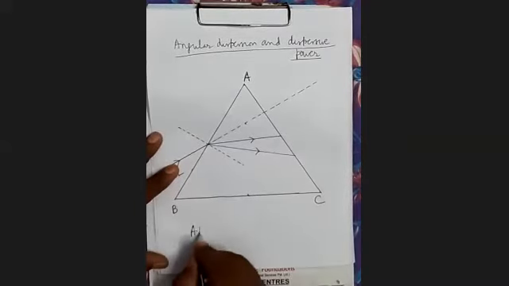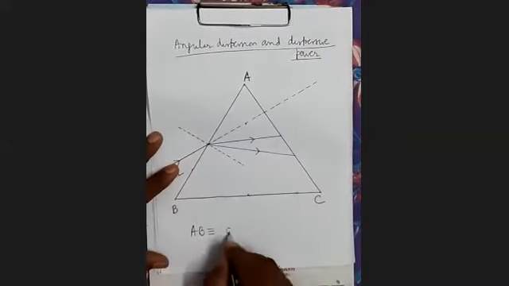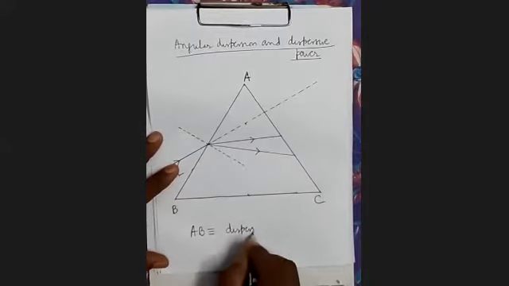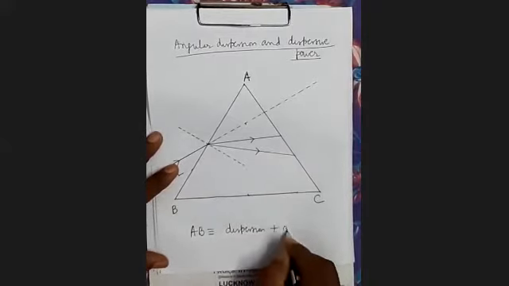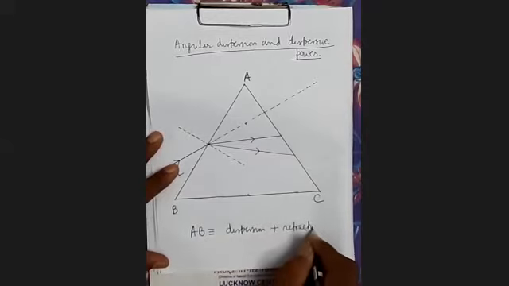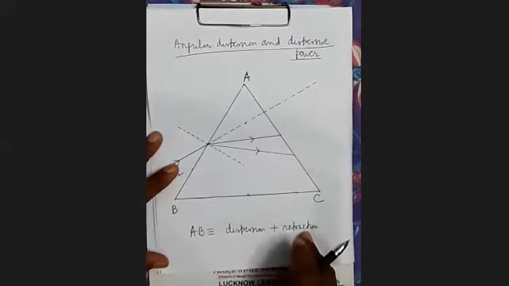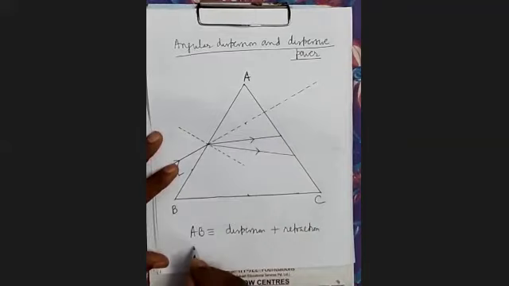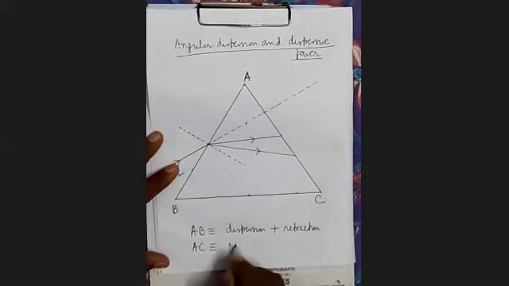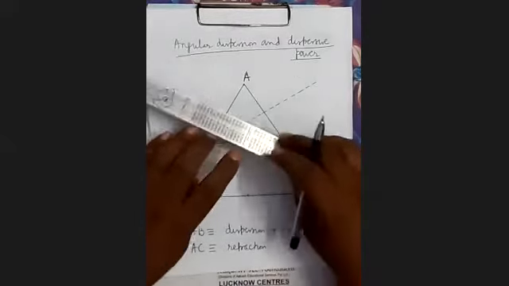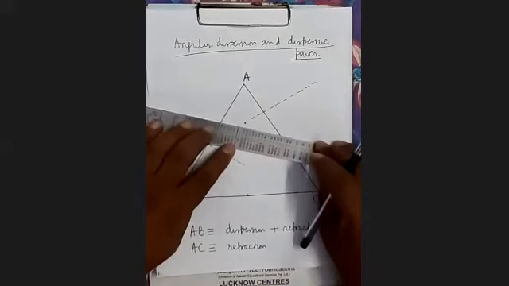Both things are taking place: dispersion plus refraction. Dispersion occurs because of refraction. But on the surface AC, there is only refraction. So once again red color will deviate less.